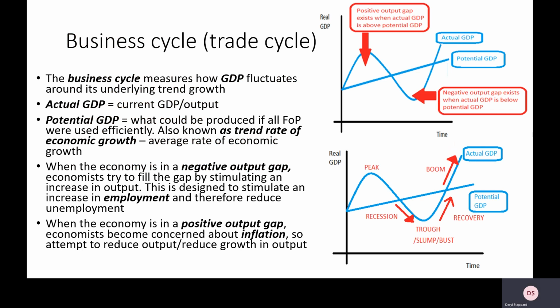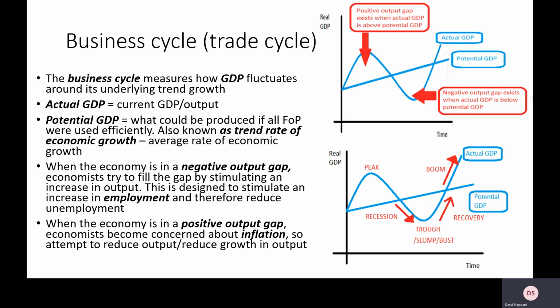Right, everyone, you've got here the business cycle. So what we're measuring here is how real GDP changes over time. Now, please look at the top right-hand corner diagram, the potential economic growth line. This is measuring over time the LRAS curve moving outwards.